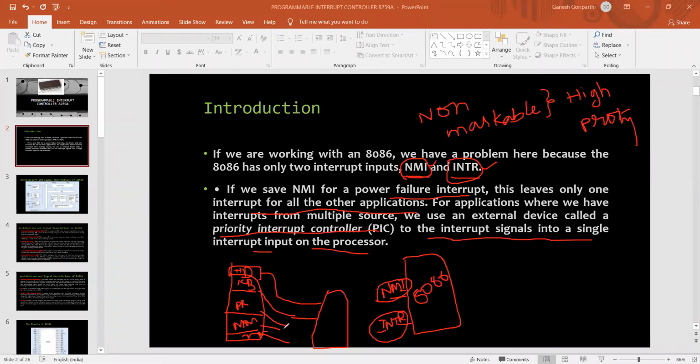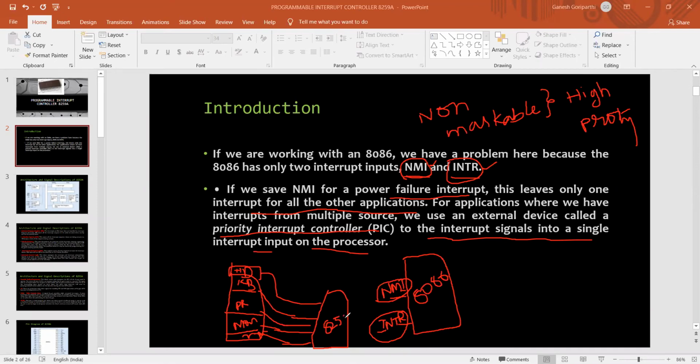see, first all these interrupt signals from all the peripheral devices will be sent to 8259, which is PIC, Programmable Interrupt Controller, 8259.